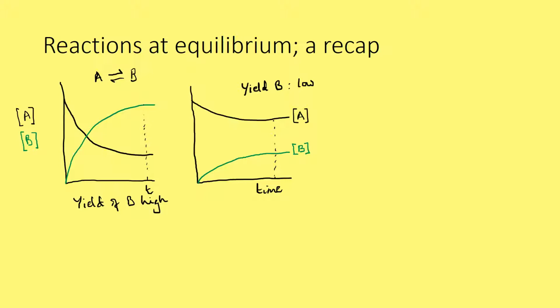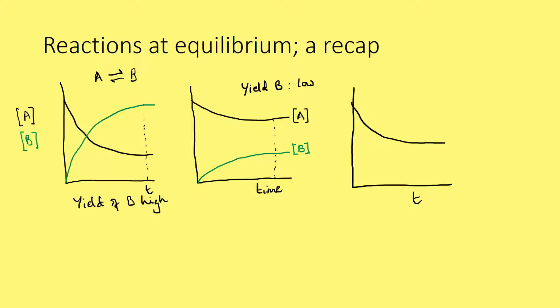Okay, now we can also look at equilibrium in another way by drawing a chart of rate against time. We can consider the rate with respect to the reactant A, and at the start the rate is going to be high, and then it's going to decrease as it gets used up, and then it's going to flatten off as it reaches equilibrium.